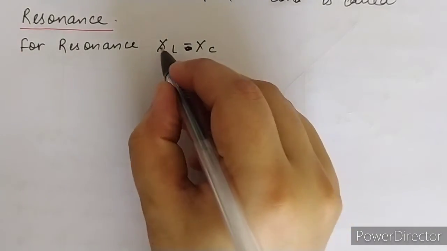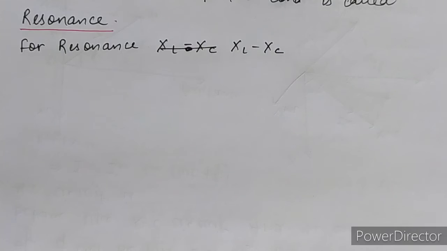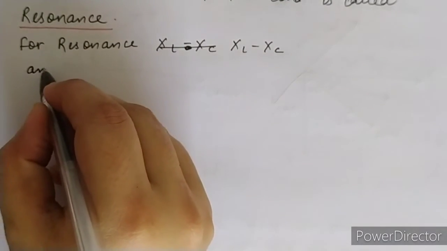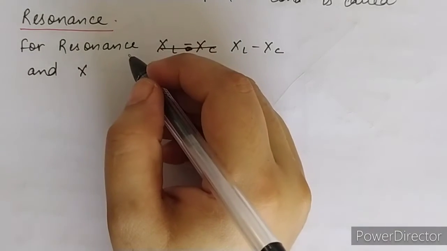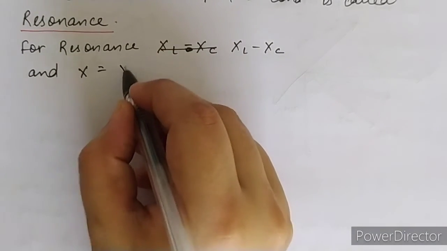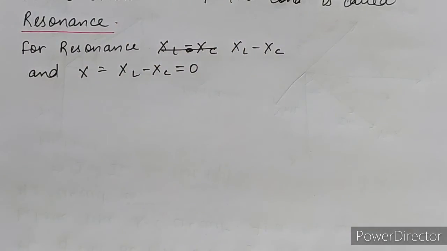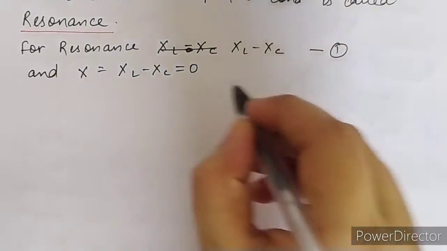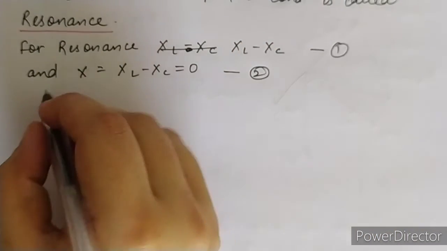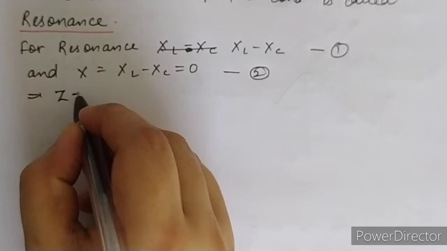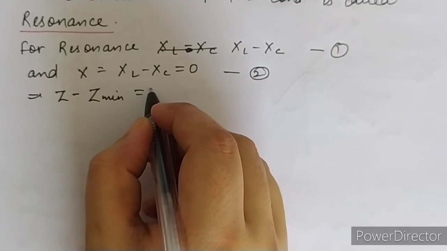Again I am writing XL minus XC, and we know that the value will be 0 because XL and XC are equal. So your X will become XL minus XC equals 0. Suppose this is your equation number 1, and this will be your equation number 2. Now here the minimum impedance is the resistance.